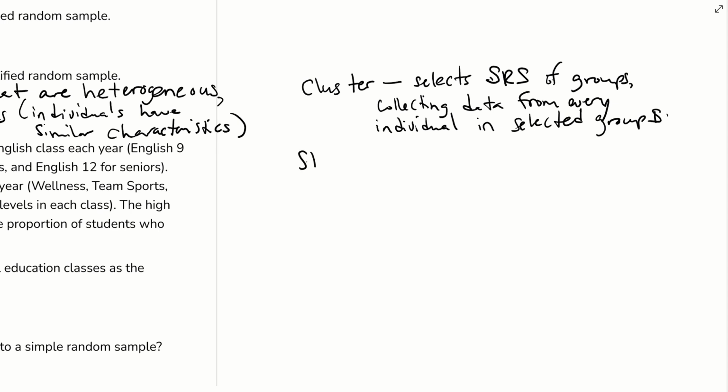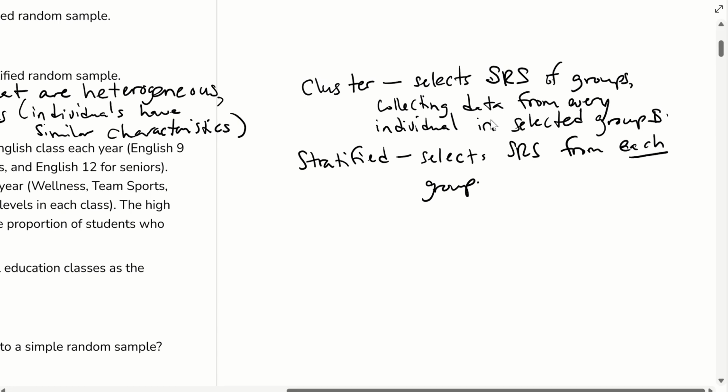Whereas stratified selects an SRS from each group. So it uses all the groups, but it selects randomly for each group.